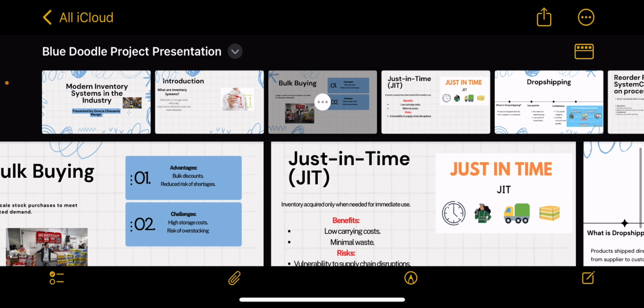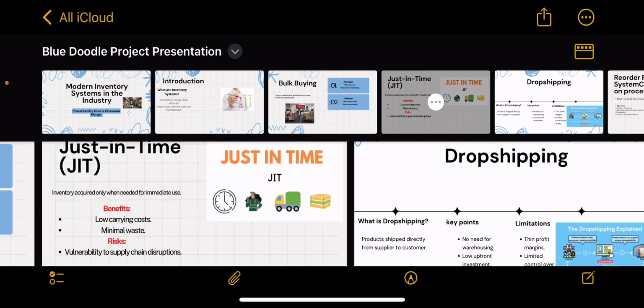It's only what you need. It's a pretty interesting methodology because the benefits are low carrying costs and minimal waste. But it has a vulnerability to supply chain disruptions. What happens if a client asks for something extra and you are using this methodology?